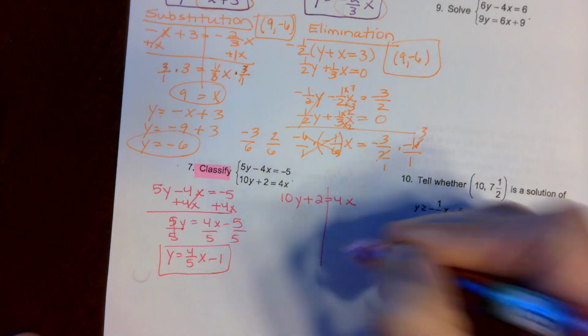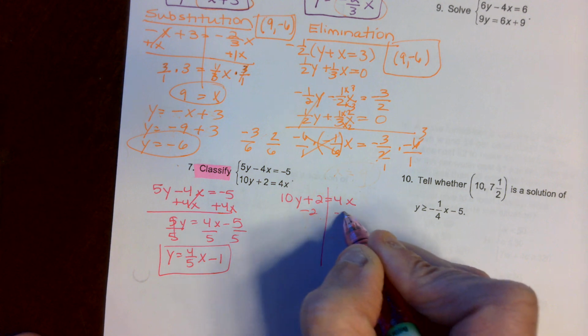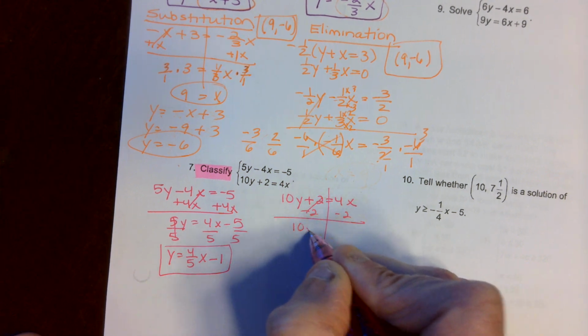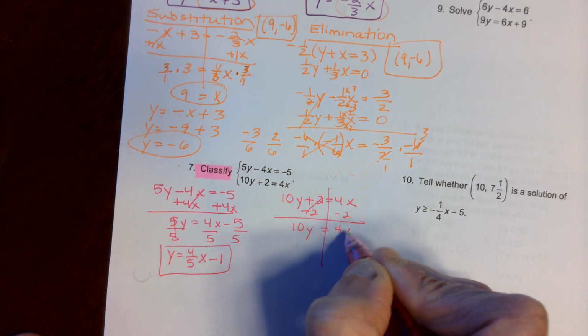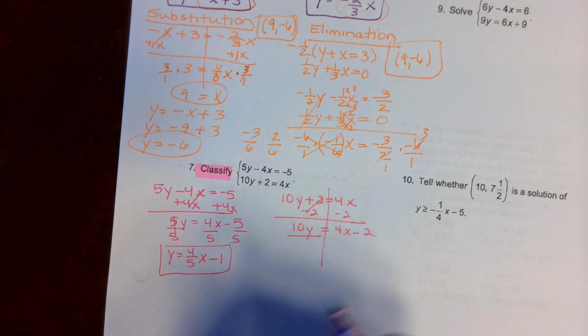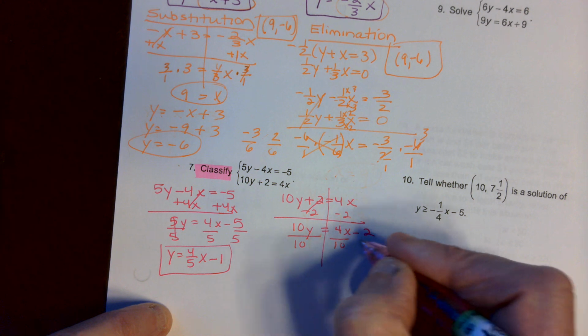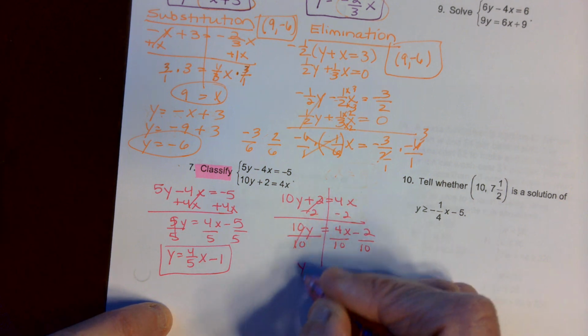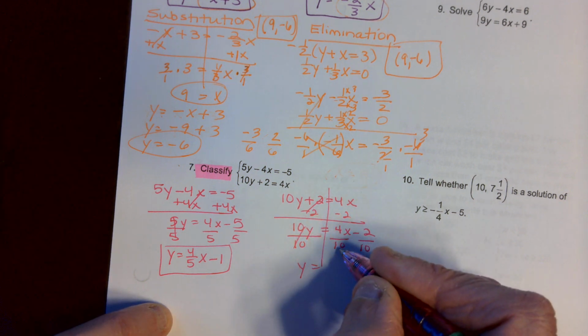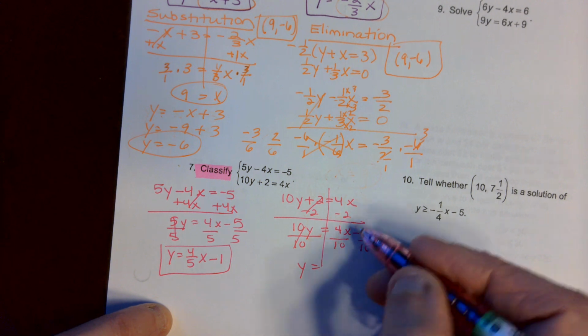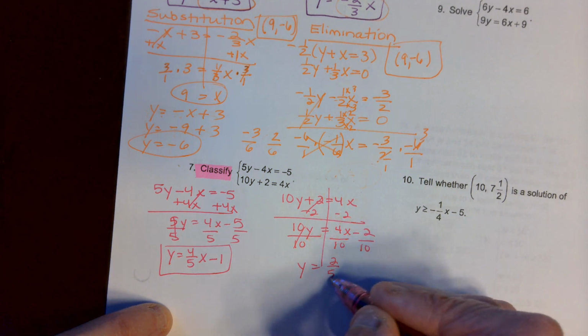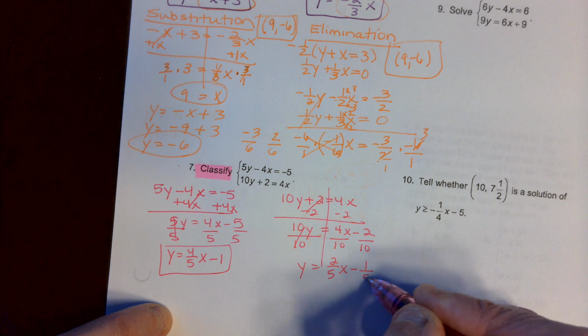Over to this one. Solving for y minus 2. Divide by 10. Reduce this though. Don't just leave it like that or you're not going to see the thing. So it's 2/5 x minus 1/5.